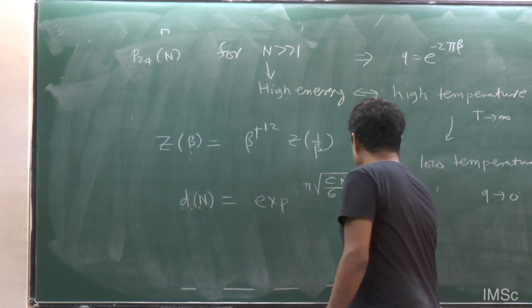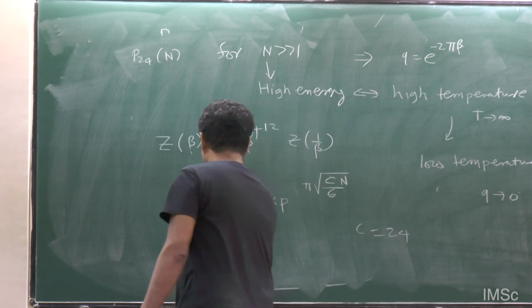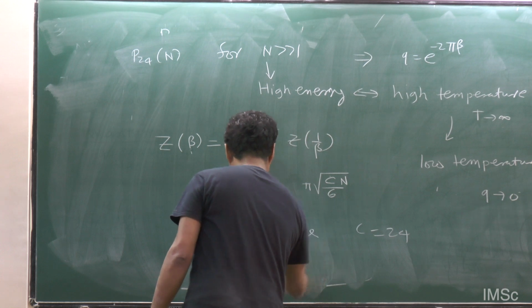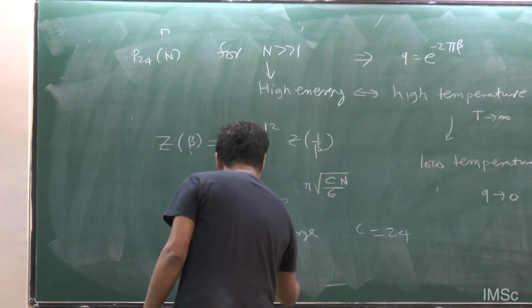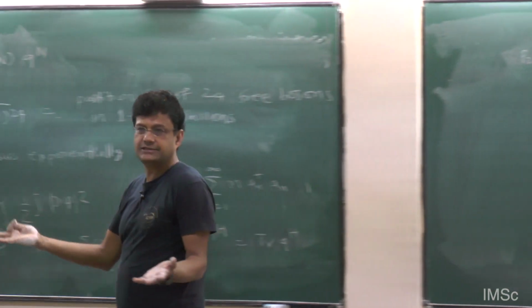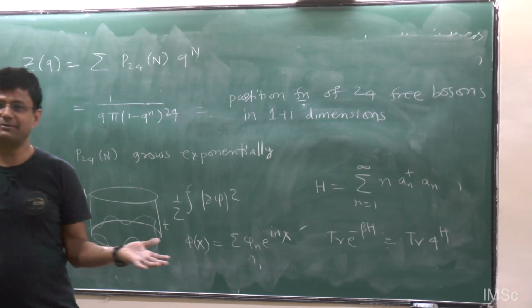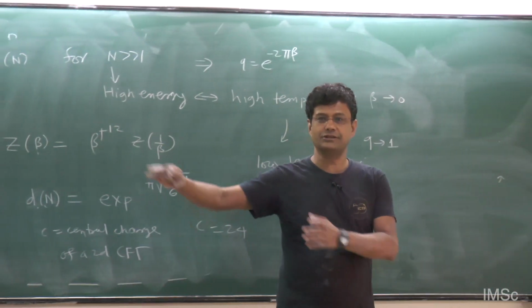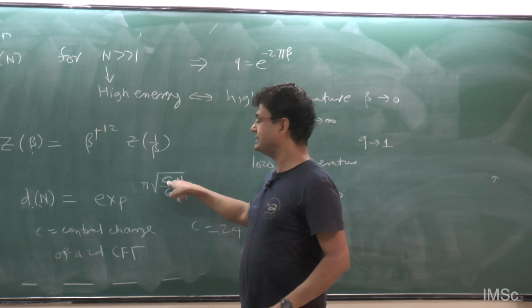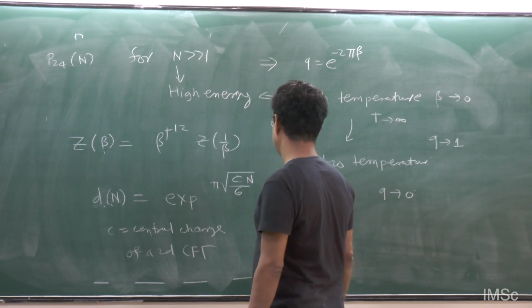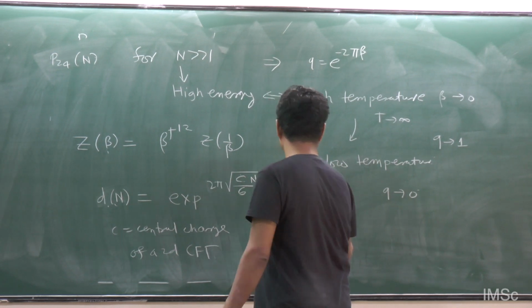And when c is equal to 24, of a 2D conformal field theory, free bosons in particular in 2 dimensions are conformal. It's a simple example of a conformal field theory, and their central charge is 24. If you have 24 bosons, you have 24. So if you just put c is equal to 24 in this formula, okay, maybe there's a 2 pi here.